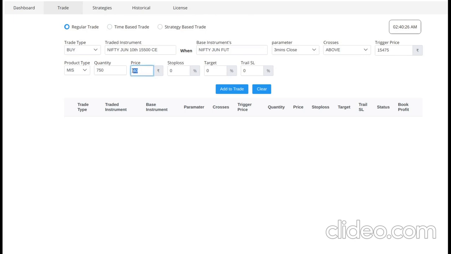So if you make it 0, then it places the entry order as a market order, and if you give some value, then it places it as a limit order. Coming to the next 3 points, which are the stop loss, target, and the trailing stop loss.